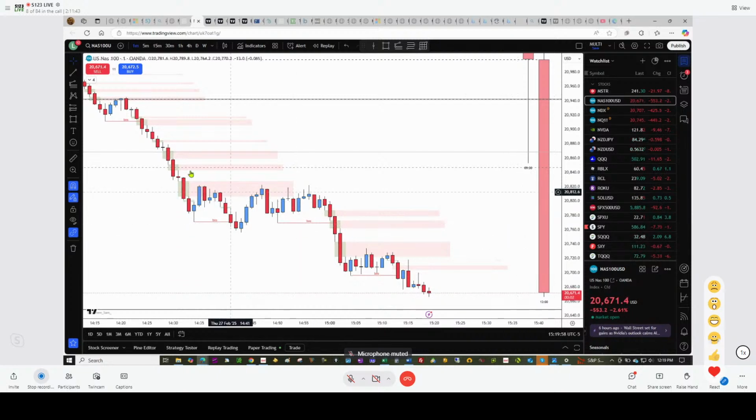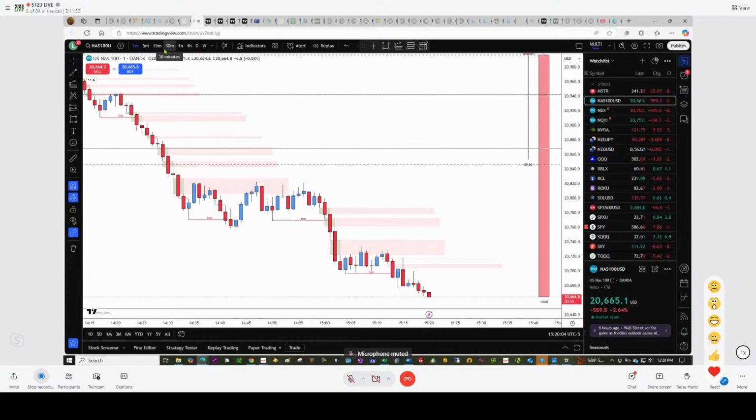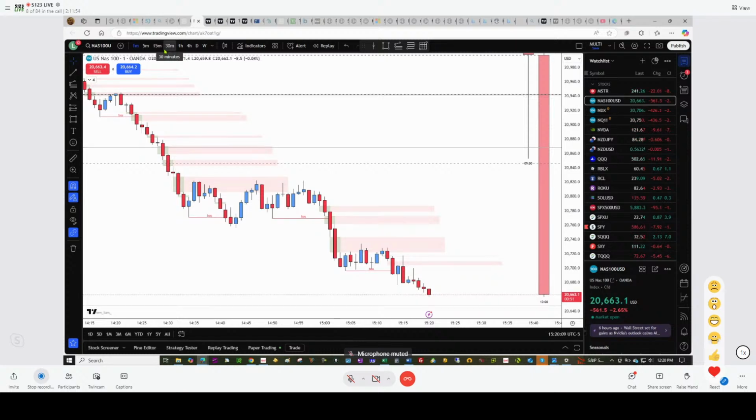Now on my 1 minute NASDAQ, it had broken below the lower Tom DeMark trend line, but it's now drawn another one below that, and it's still going lower.